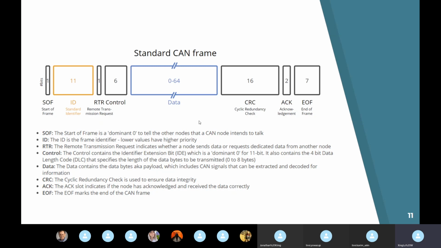I'm going to talk a bit more about some of these components. The important parts for us are identifier and data. The rest of these are automatically done by our TMS 570 drivers and whatever CAN drivers we use.